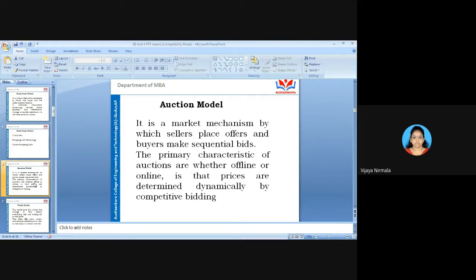Individual customers and corporations participate in this rapidly growing form of e-commerce. The best example for the auction model is eBay, ebay.com.